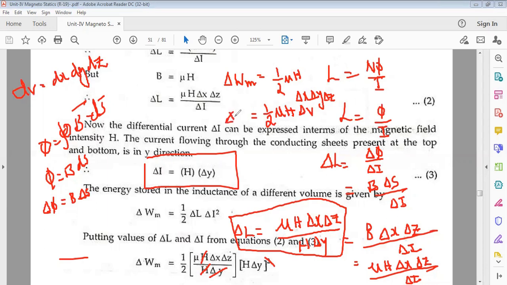A small differential delta Wm is equal to 1 by 2 mu H into delta V. Apply the integral on both sides, we get Wm is equal to the integral of 1 by 2 mu H into dV.